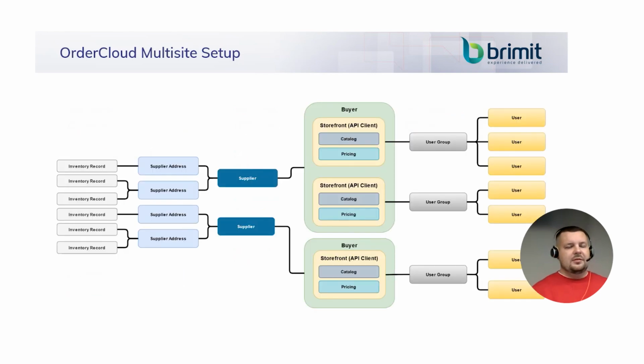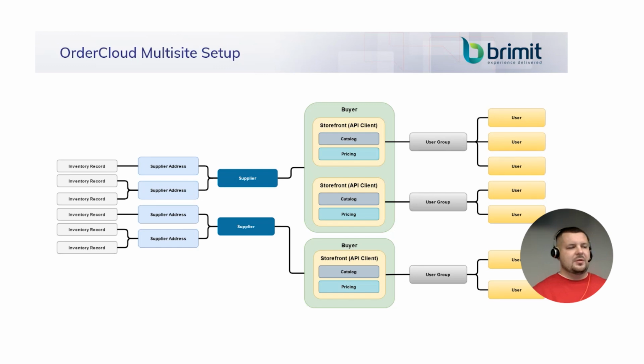From the OrderCloud perspective, as we can see here, this shows how it is represented and configured, and how we are supporting all these multiple brands, and how we are able to set up and configure everything. So we have buyers, with different buyer groups.